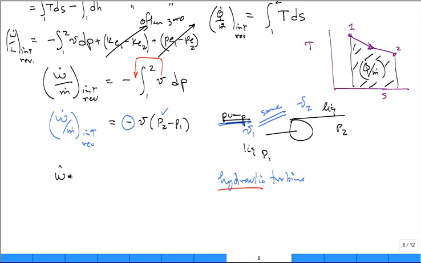This would give you not the minimum in this case, because it's work extracting, the hydraulic turbine gives you the maximum power or the maximum work out. Same equation, minus V times (P2 minus P1), but the exit pressure is lower than the inlet pressure for a hydraulic turbine. So you get a positive power out, or a positive work per unit mass out. All right?